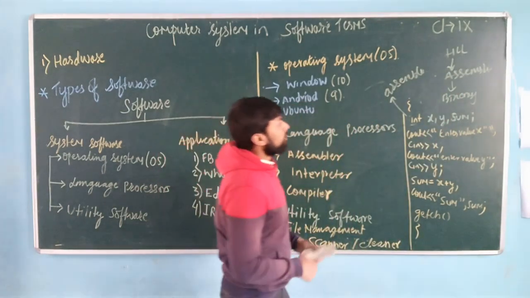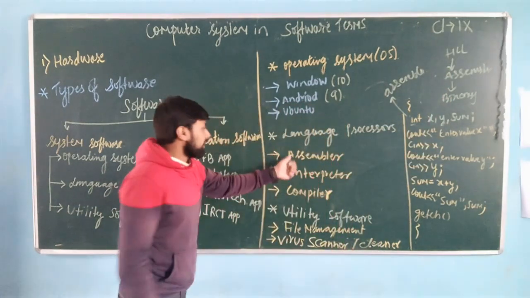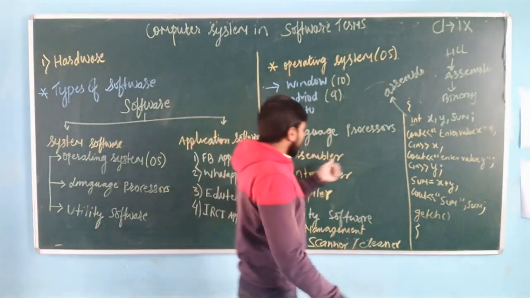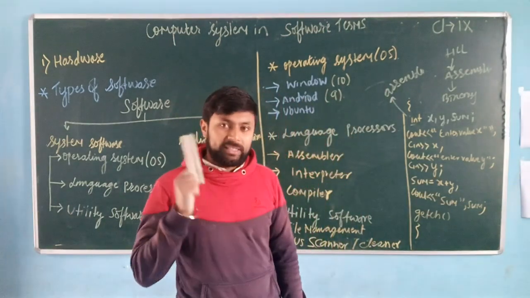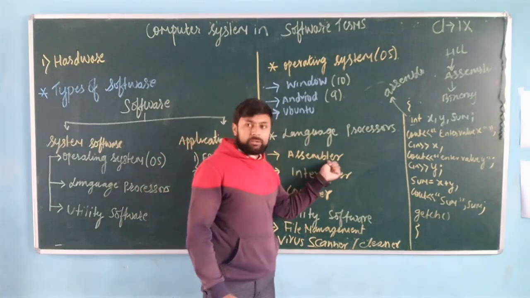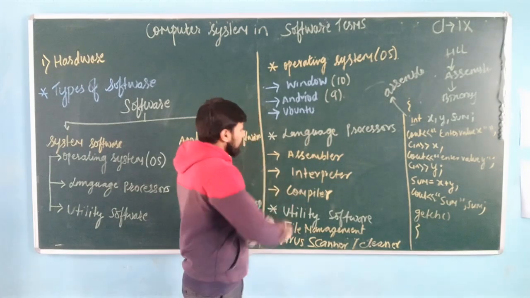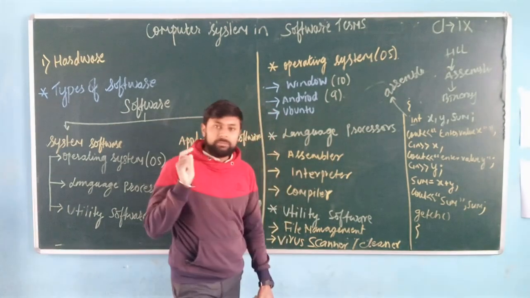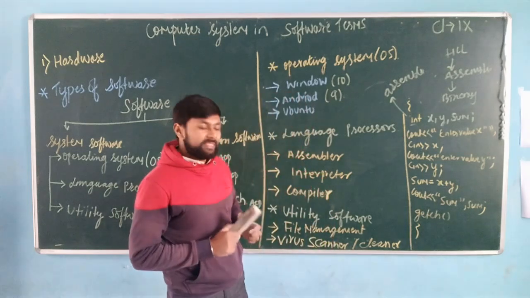Who is responsible for converting assembly level language to binary level language? That is the assembler. The assembler is responsible for converting assembly level language to binary or machine level language.